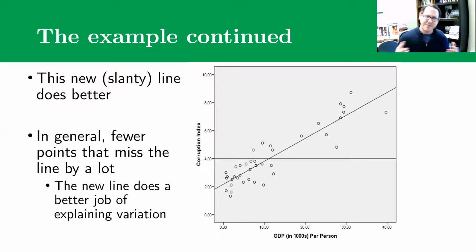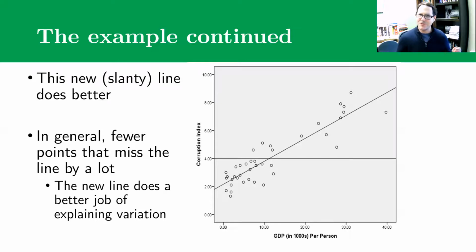Right? Because I know that that's how that line looks. If you say they have a high GDP per capita, maybe 30,000 or 40,000, I'd say, oh, I bet it's higher than 4. I bet it's 6 or 8. So we're using what we know about that correlation to make a more informed prediction, or a more informed guess.